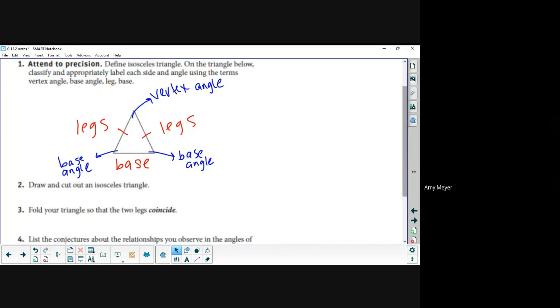Today's theorem is called isosceles triangle theorem. We're going to write this in the margin on either side. Please spell isosceles correctly. It's in your book. It's actually highlighted. Isosceles triangle theorem.